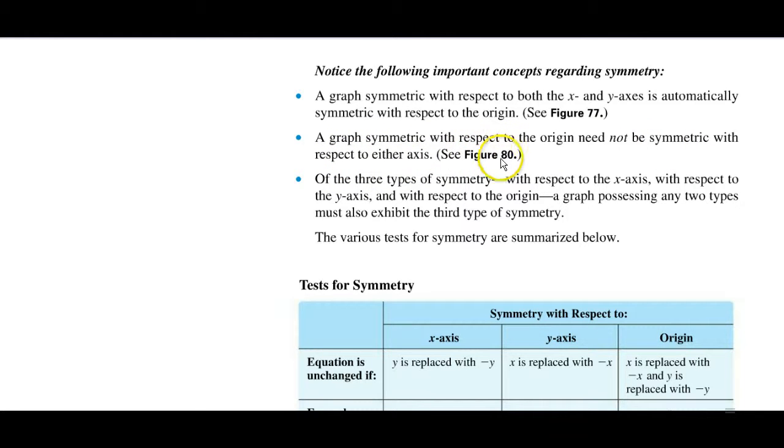Figure 80 shows that. Of the three types of symmetry with respect to the x-axis, y-axis, and the origin, a graph possessing any two types must also exhibit the third type of symmetry.